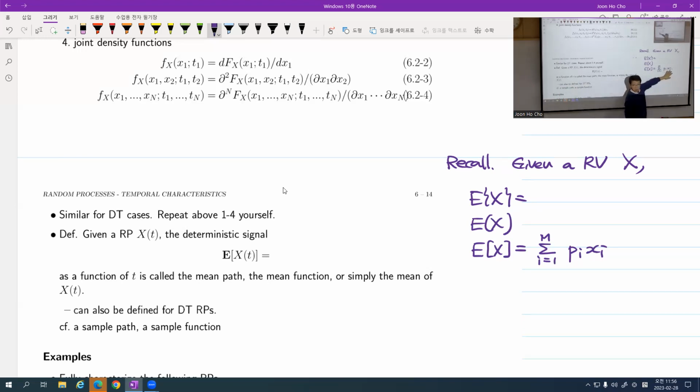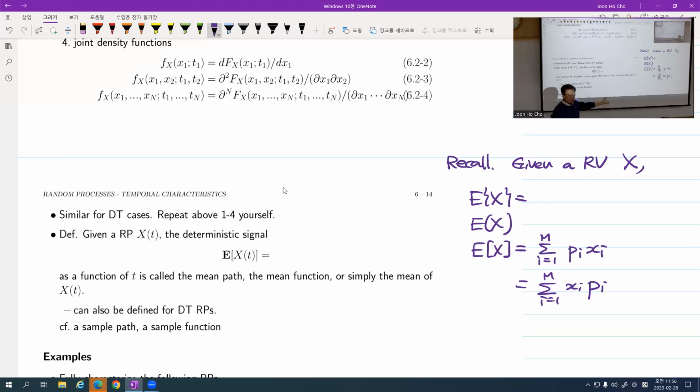A product. What is the product? This value times its probability, right? So value times probability. If you don't like that, I will write it this way. Value, probability. Got it?